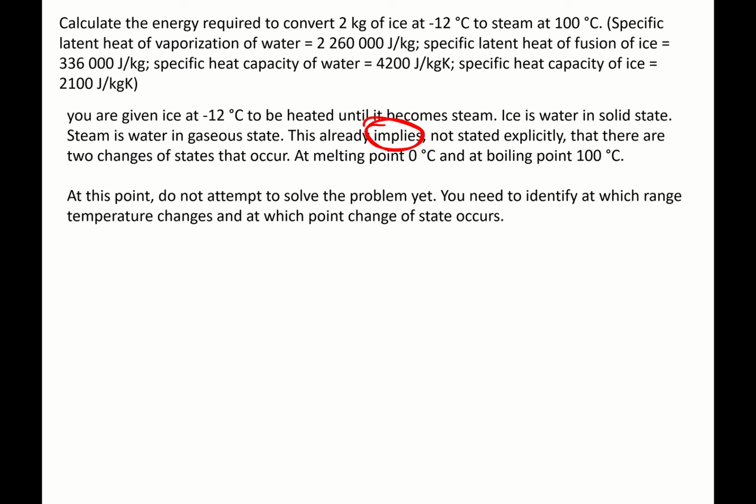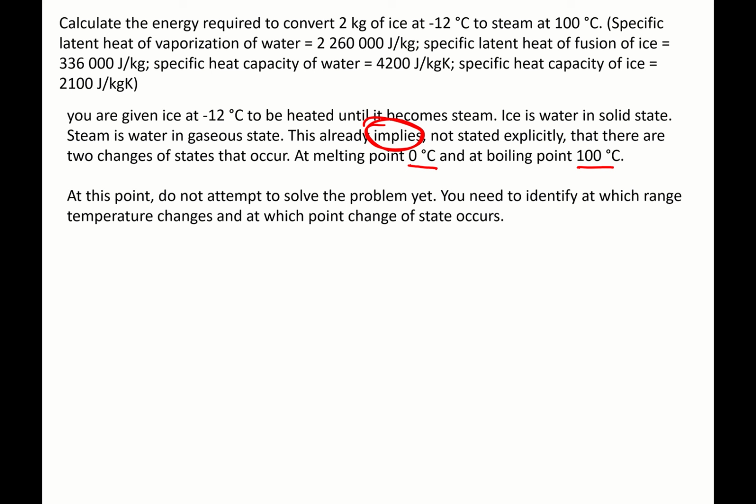So there are two changes of state that occur here without being explicitly stated, and these two changes of state occur at 0 degrees Celsius and at 100 degrees Celsius. So 0 degrees Celsius is where the ice melts, and 100 degrees Celsius is where the water boils.